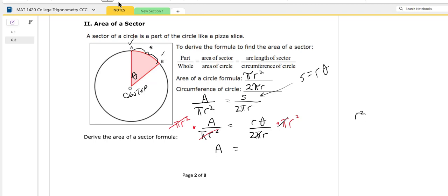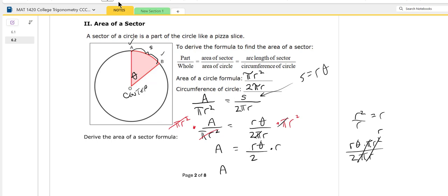If you have r squared over r, that just gives you r. So we're going to end up having r theta over 2 left over there, and then times r left like that. If it helps you, you could multiply this all together and just say r theta times pi r squared over 2 pi r, and then that cancels, and one of the r's cancels, so you end up with this.